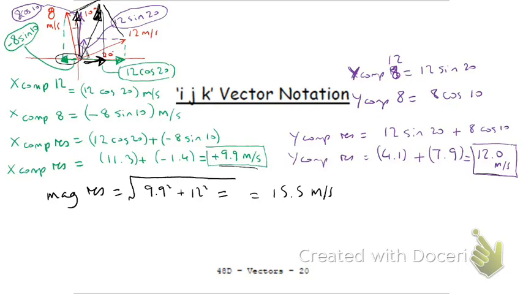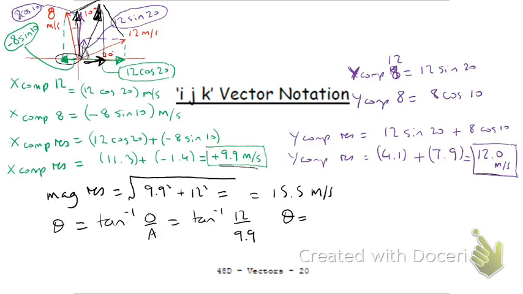And then theta. Theta equals tan to the minus 1 of opposite over adjacent. So theta is equal to tan to the minus 1 of my y, which was 12, over my x, which is 9.9.